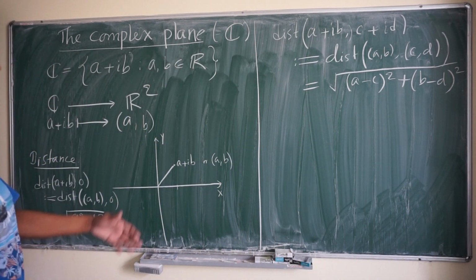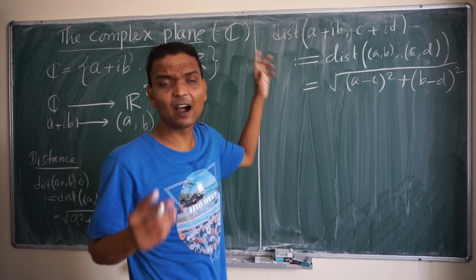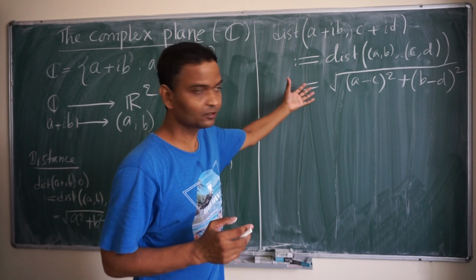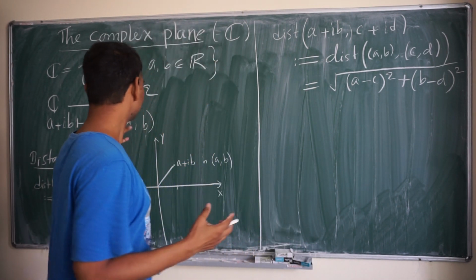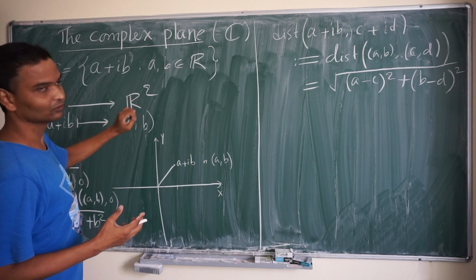The distance between two complex numbers is defined this way, the distance between the points which are identified in R2.